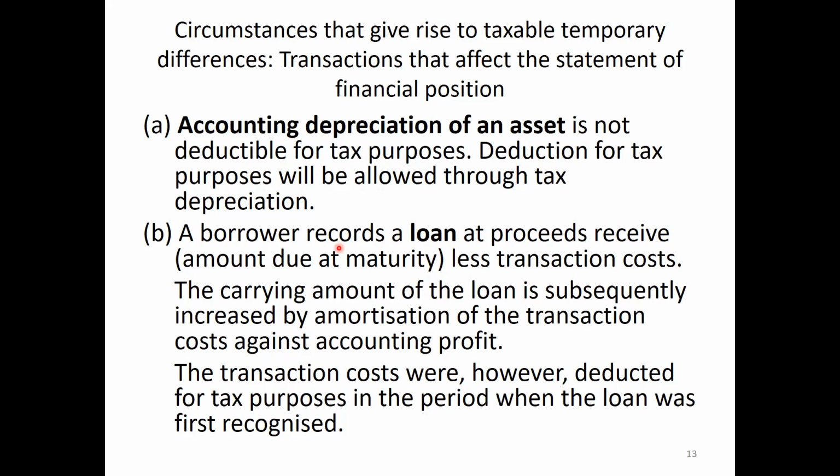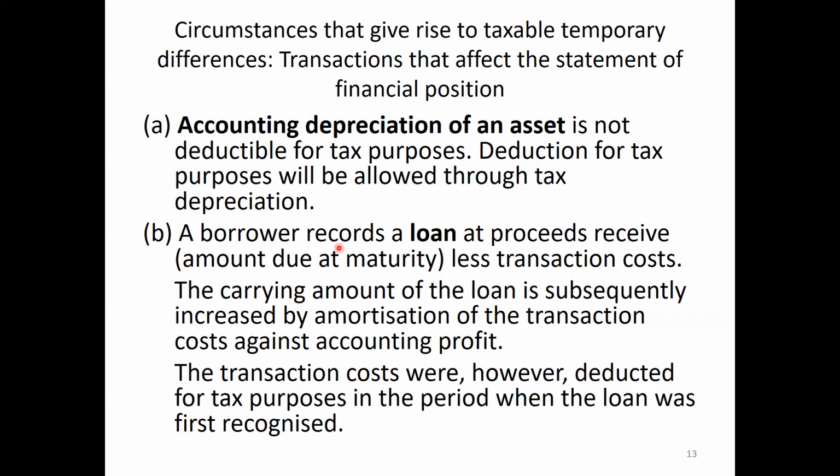A borrower records a loan when business organizations borrow a loan, there will be a transaction cost. So for example, an organization is going to get a loan for about 100,000. For that, transaction cost incurred, for example, 5,000.